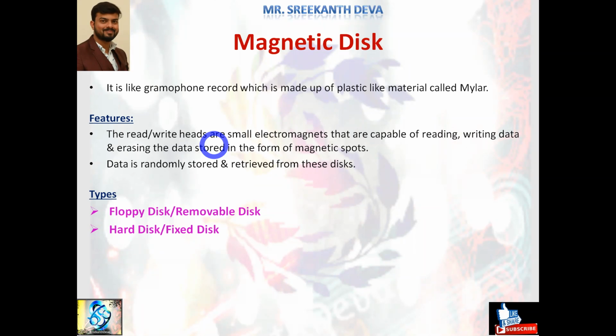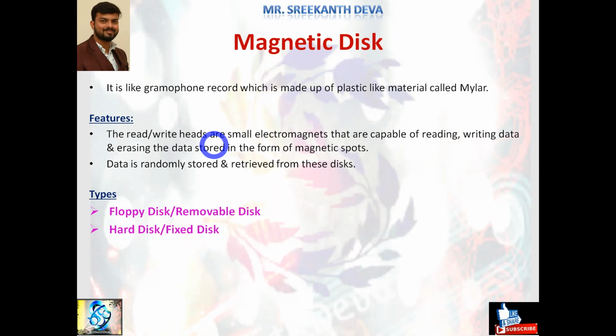Tracks are concentric circles and the sectors are the portions created by dividing the disk into a number of portions. These sectors are often grouped into clusters.